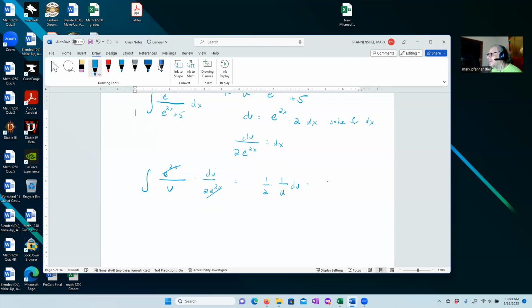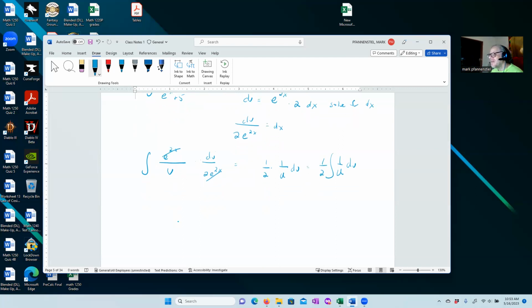So this is going to be 1/2 integral of 1 over u du. Now, this is one of those special rules, right? We have a logarithm. So we're going to end up with 1/2 times the integral of 1 over u, which is natural log of, I'll put absolute values, u plus c.